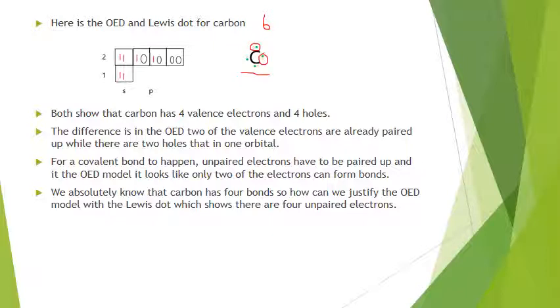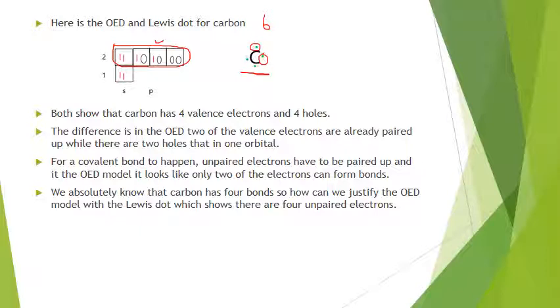So what we want to do is look at the valence shell. When we look at the orbital energy diagram, there are two unpaired electrons, one pair, and one non-bonding orbital.